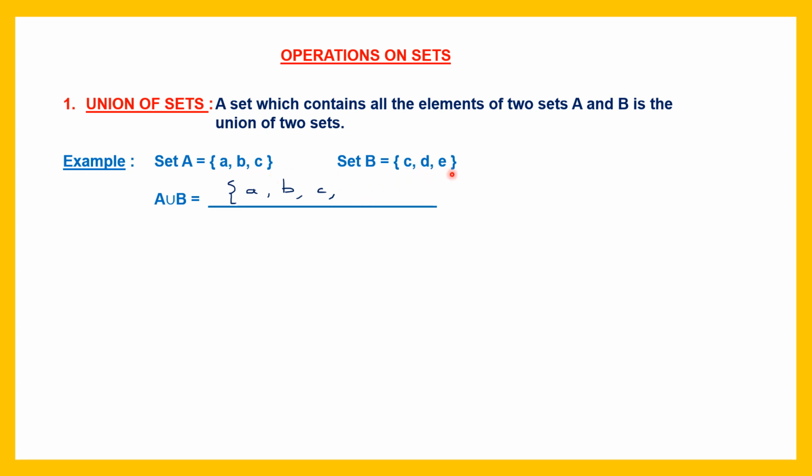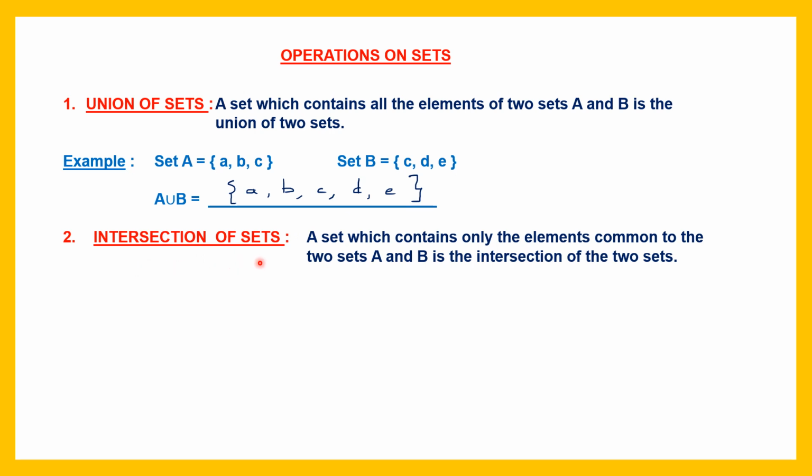Now C, D and E are the elements of set B, but C is already there, so we will not write that. We will write the other two elements, which is D and the other one is E. So this is called the union of the two sets A and B. A union B is all the elements of set A and set B without repeating any element.